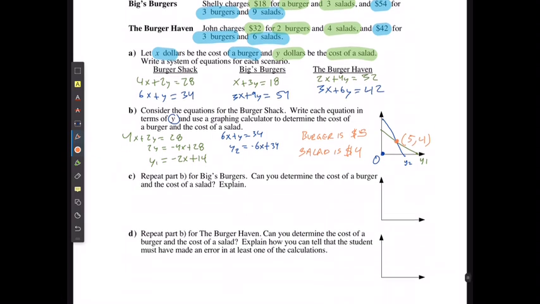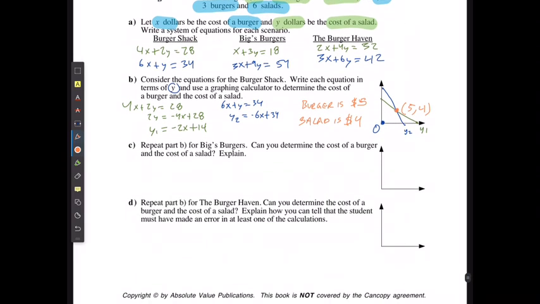When I move on to Big's Burgers, I'm going to do the same process. If x plus 3y is equal to 18, then 3y is going to equal negative x plus 18, or y is going to equal negative 1/3 x plus 6.